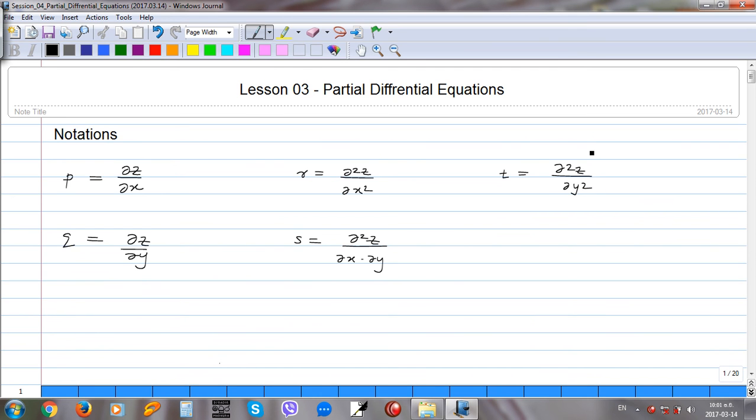So these are some notations. If you have ∂z/∂x, you can use p. If you have ∂z/∂y, you can use q. These are some standard notations, so you can remember those things.